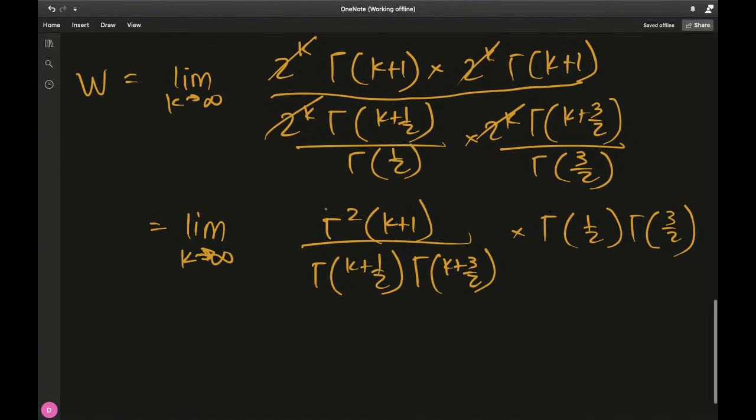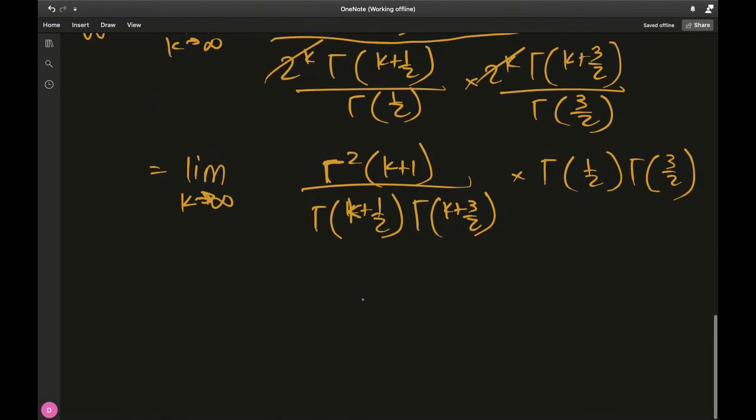So effectively gamma squared of k plus 1 is basically gamma of k plus 1 times gamma of k plus 1, and in the limit that k goes to infinity, we have basically infinity factorial times infinity factorial divided by infinity factorial times infinity factorial, because although k goes to infinity, if you add half or 3 halves to infinity, it will still be a really large number, or infinity.